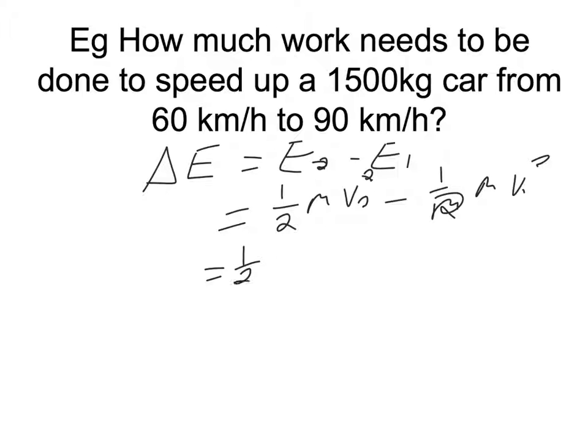So it's 1/2 of, we have to convert 90 kilometers an hour, divided by 3.6, is 25 meters per second.